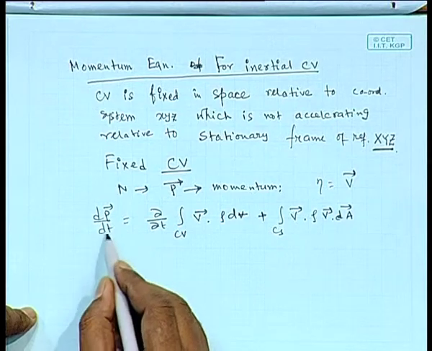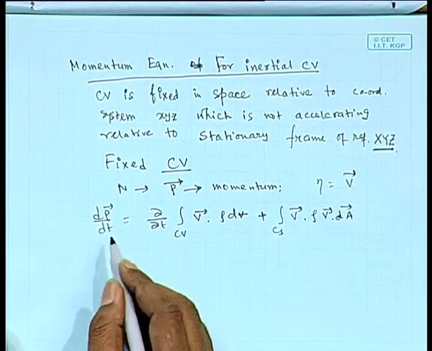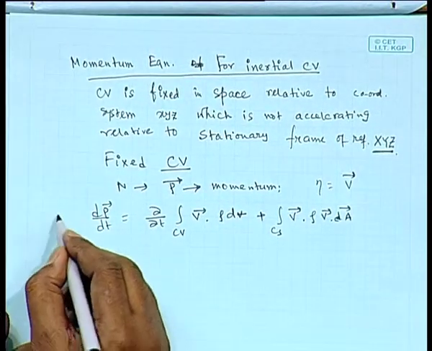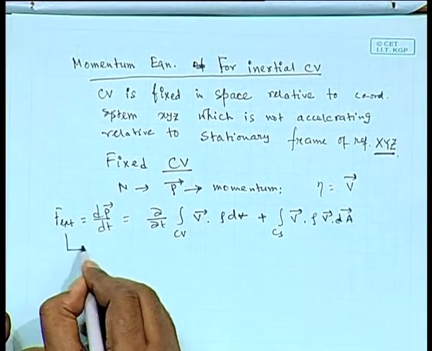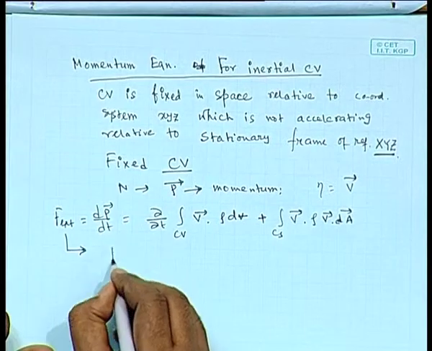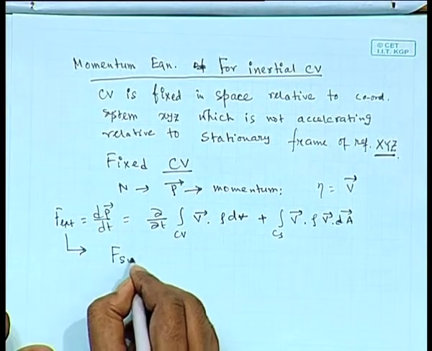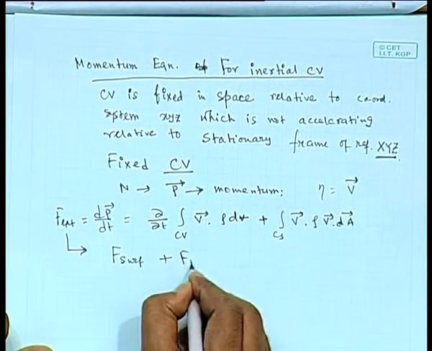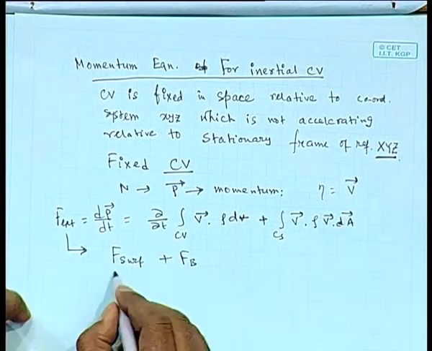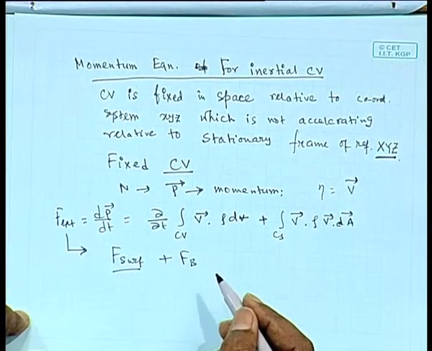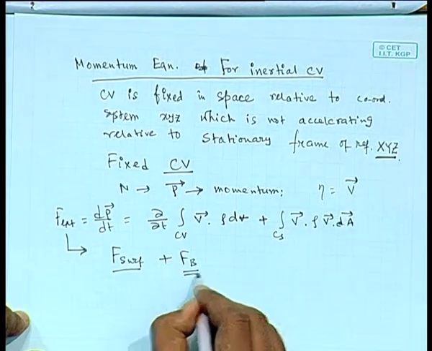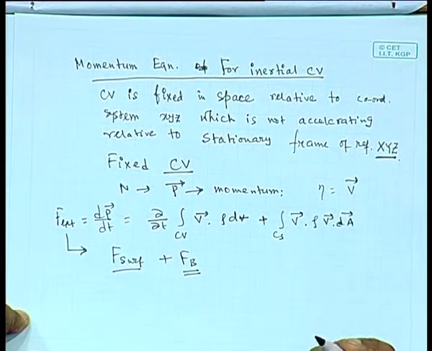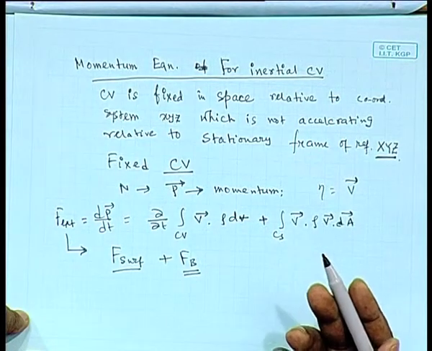Now, dP/dt is the rate of change of momentum. By Newton's second law, it is basically the sum of the external forces. These external forces are of two types: surface forces and body forces. The surface forces are viscous forces and pressure forces, and the body force is gravity. If you apply any external electric field throughout the whole volume, then that will also be a body force, and so on and so forth.